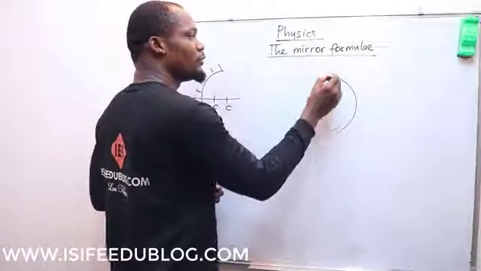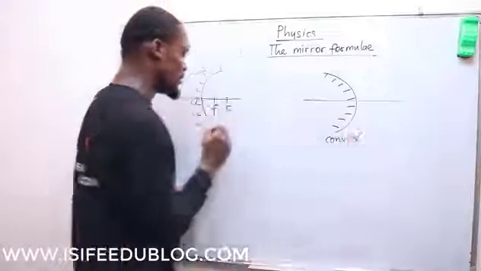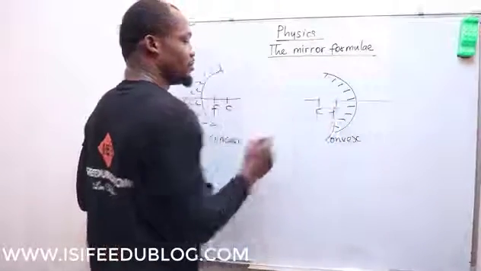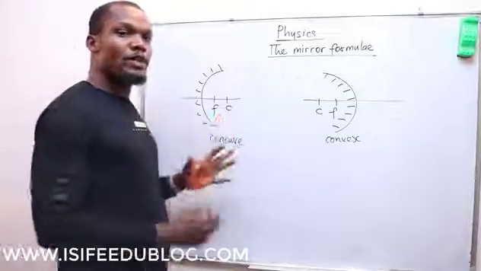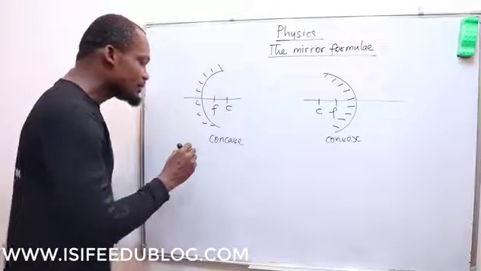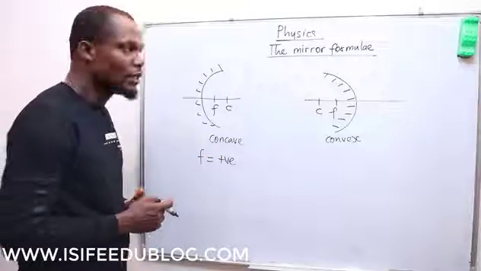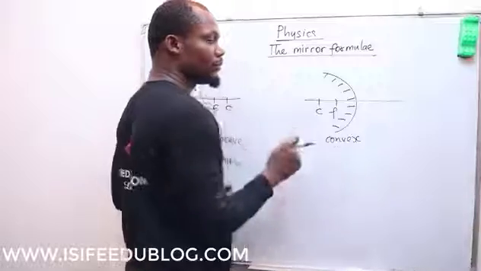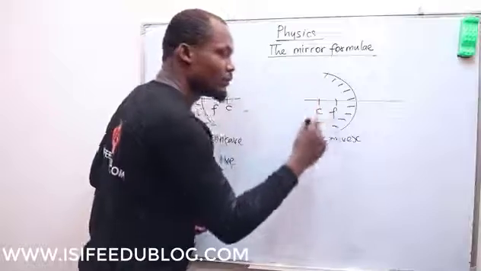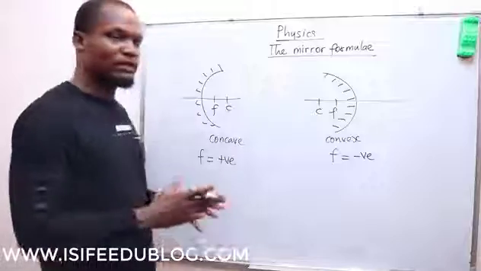But for a convex mirror, the focal points are behind the mirror. That means that F is always positive for a concave mirror, but for a convex mirror, F is negative. You have to take note of this.